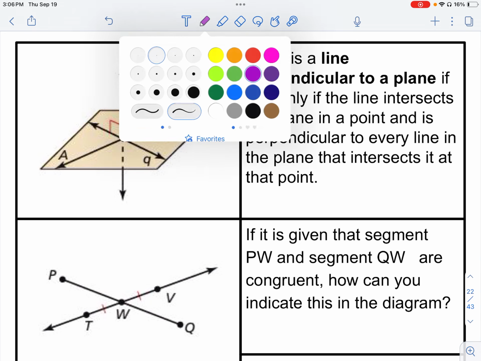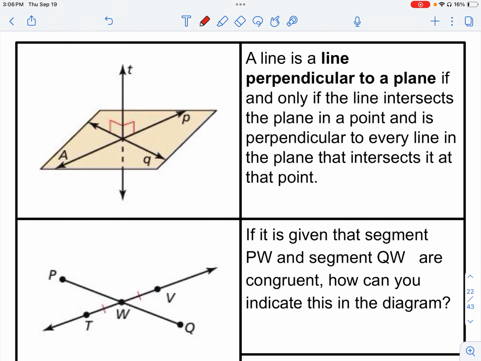All right, so here, a line is perpendicular to a plane if and only if the line intersects the plane in a point and is perpendicular to every line on the plane that intersects it at that point.